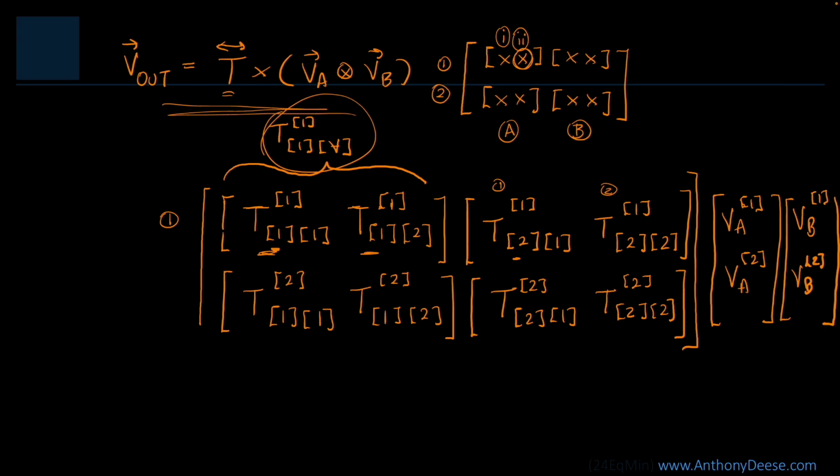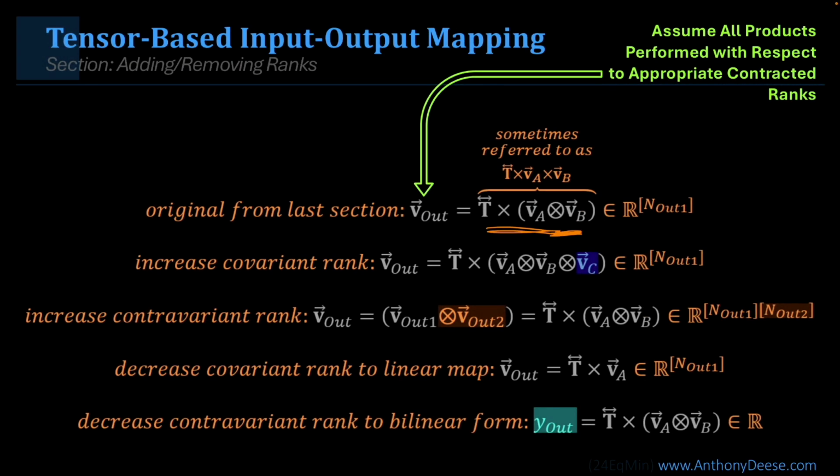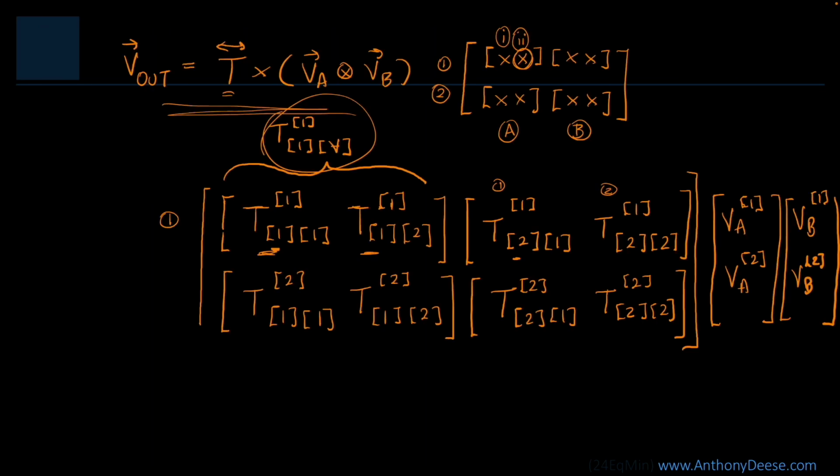Now, the one part of this product that's not shown here is the need to, and it says here, we assume all products are performed with respect to appropriate contracted ranks. So the thing we have to understand is that this primal vector is multiplied using a contracted product, assuming that the first covariant rank of the tensor is contracted.